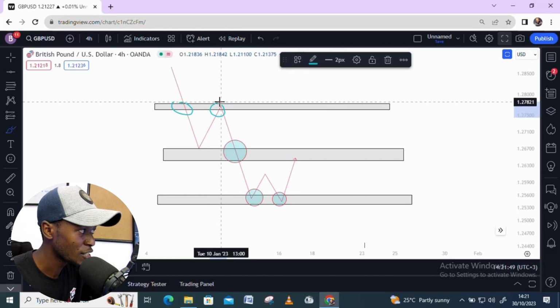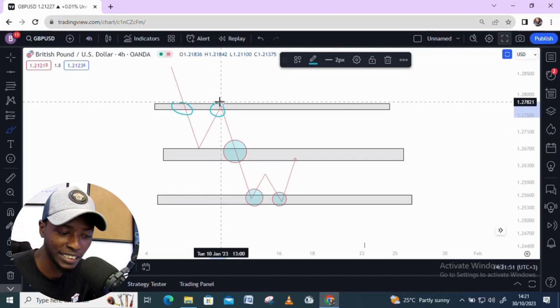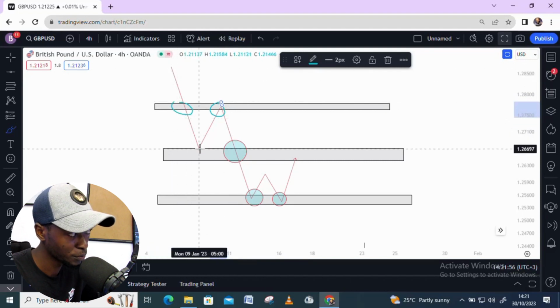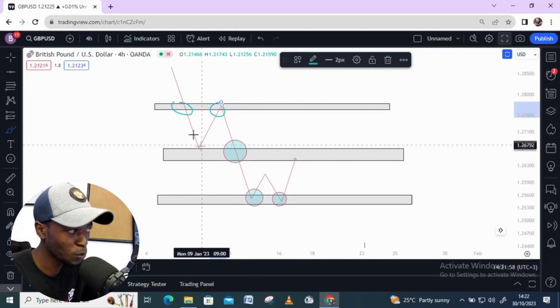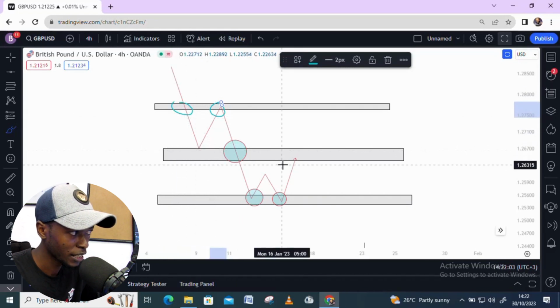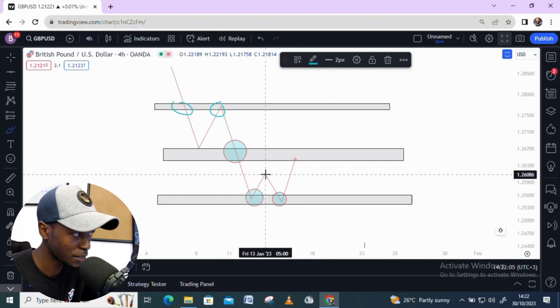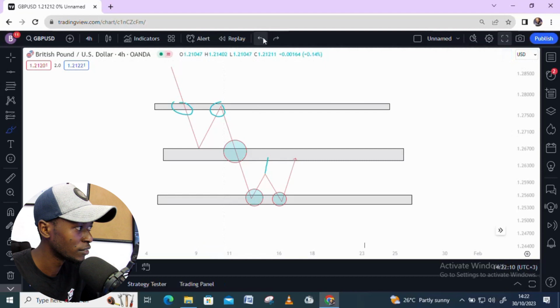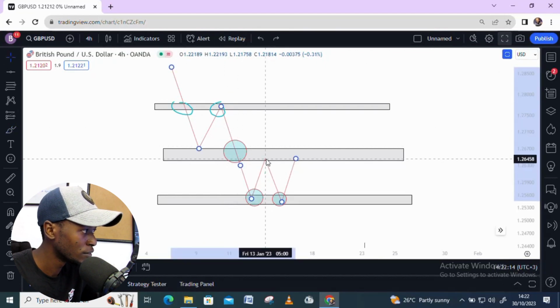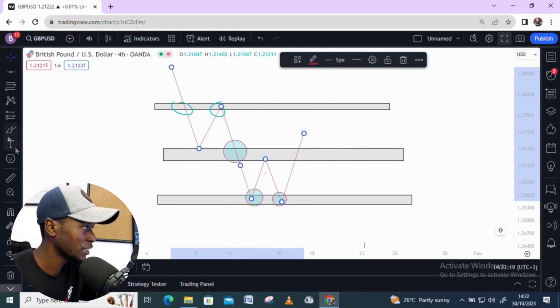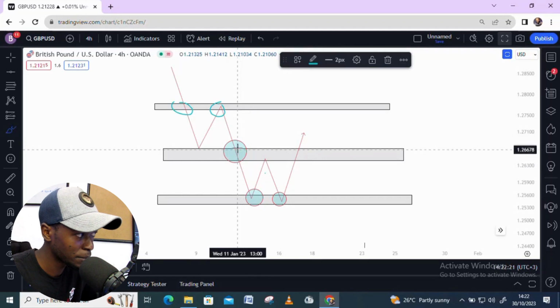A break and retest simply means that the market comes and breaks through. This was once support, as you can see. Let me illustrate using this point. The market breaks through.